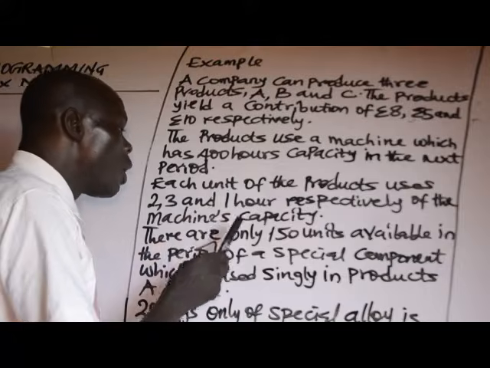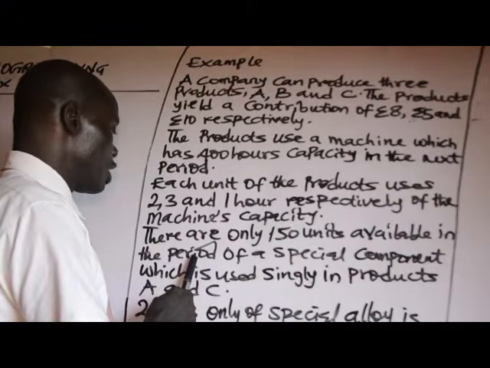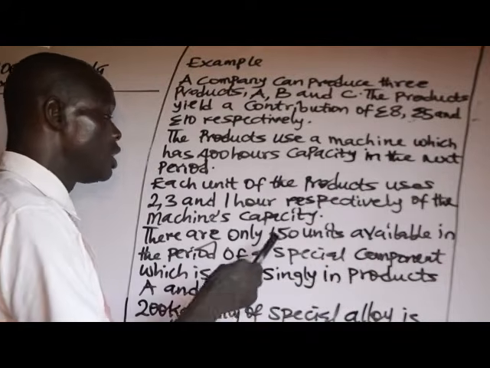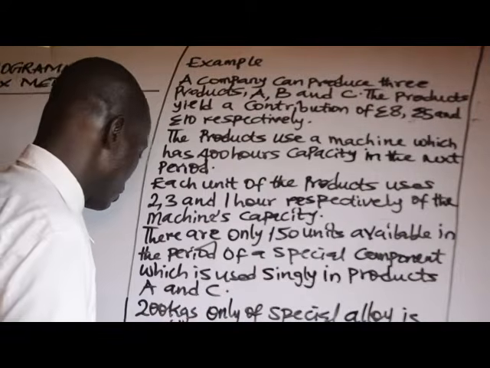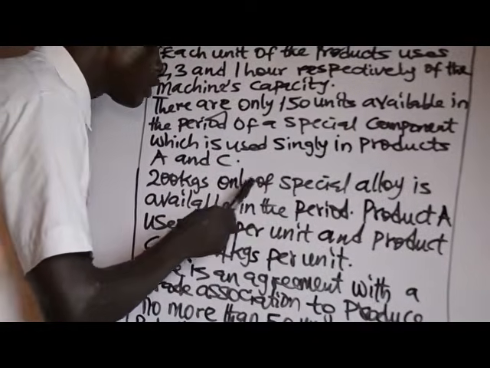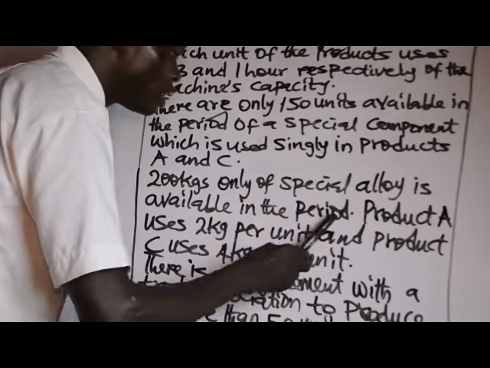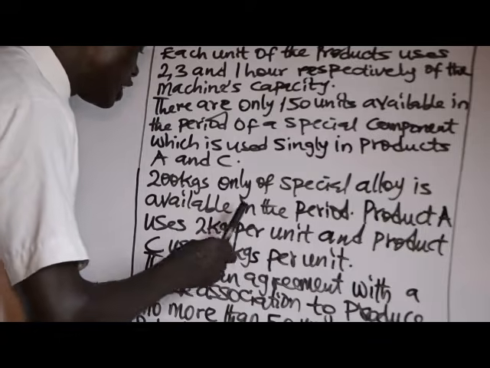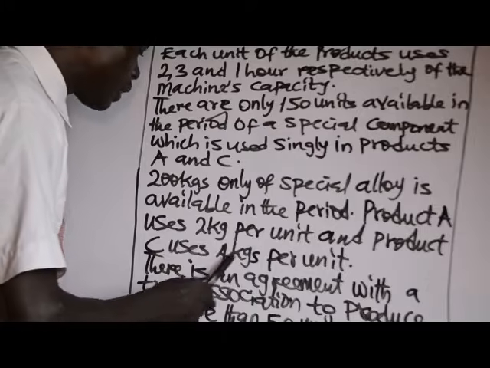There are only 150 units available in the period of a special component which is used singly in products A and C. 200 kgs only of special alloy is available in the period. Product A uses 2 kg per unit and product C uses 4 kg per unit.